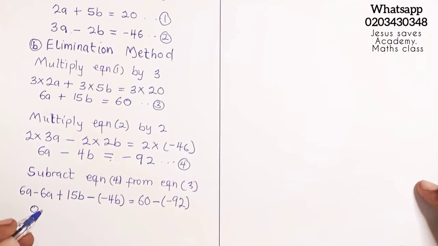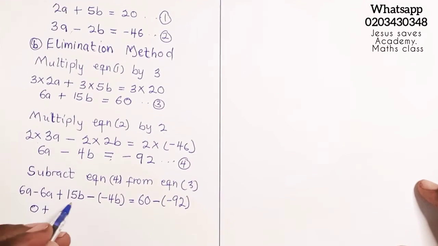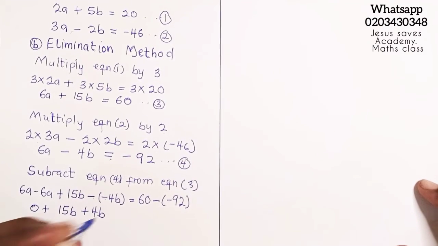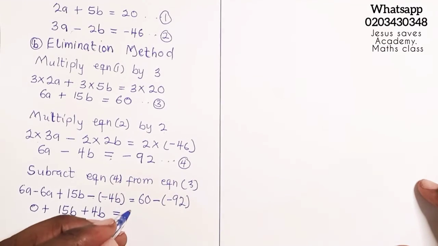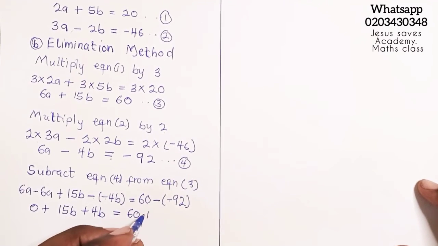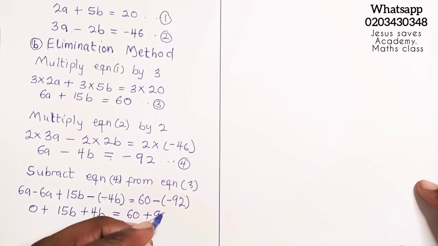Then we have 15b minus negative 4b will give us positive, so 4b equals 60 plus 92.